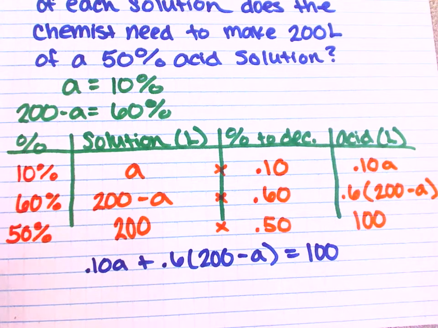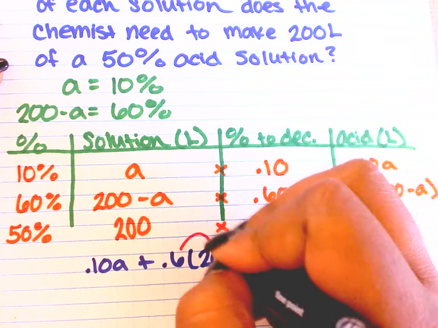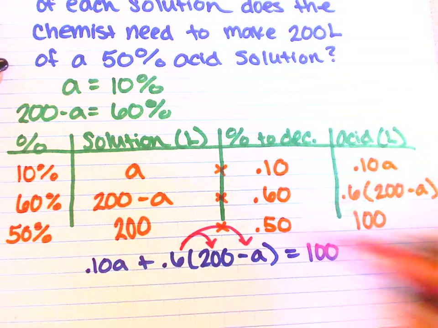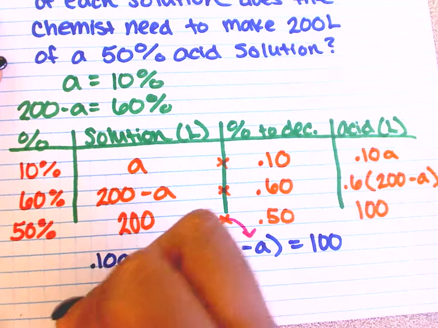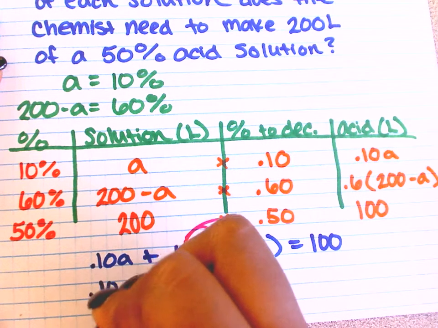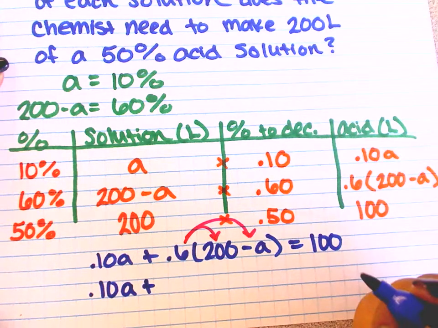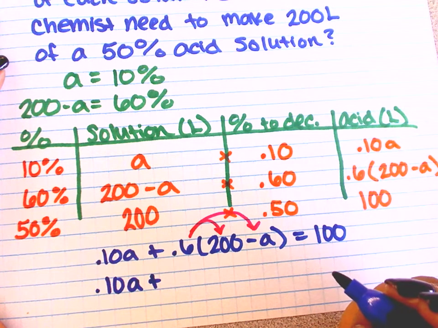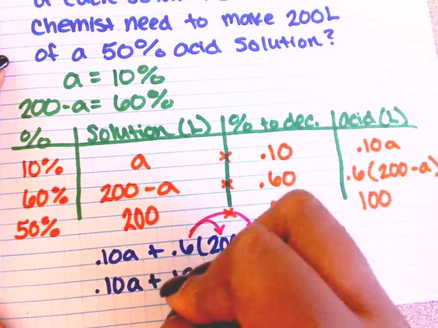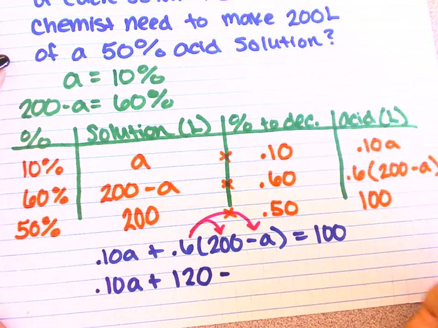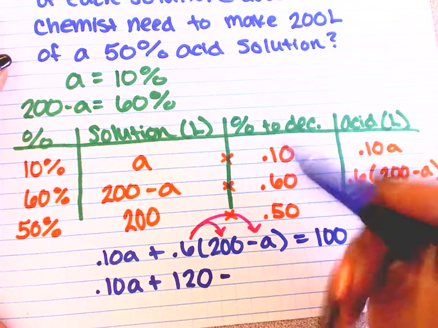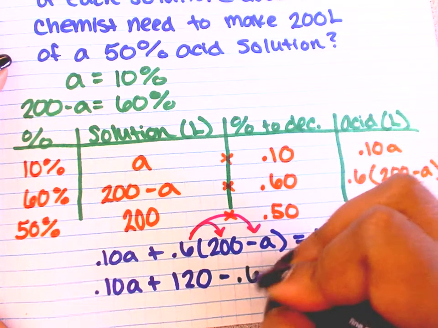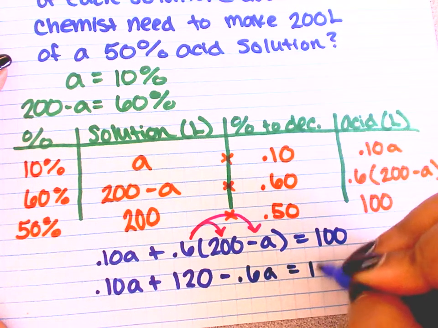All right, so to distribute 0.6 by 200 and 0.6 by A, I'm going to get 0.10A plus 0.6 times 200, I'll do the math for you, is 120. Bring down my subtraction sign. 0.6 times A is 0.6A equals 100.